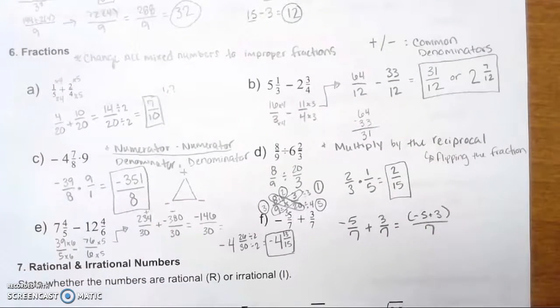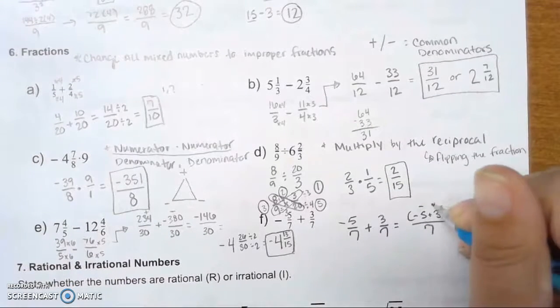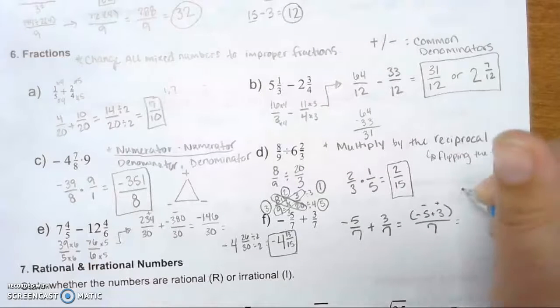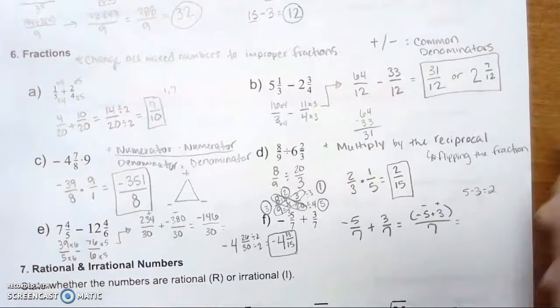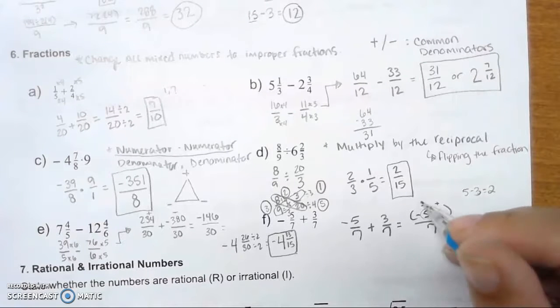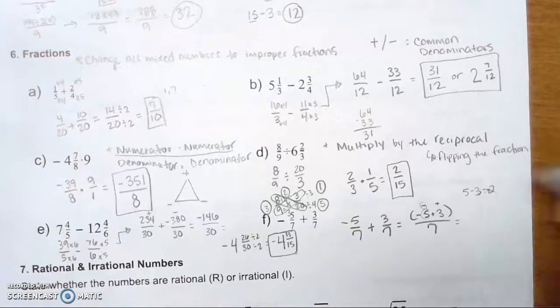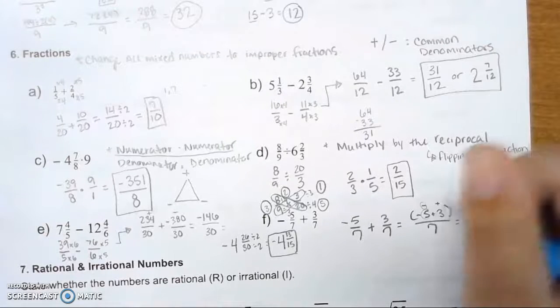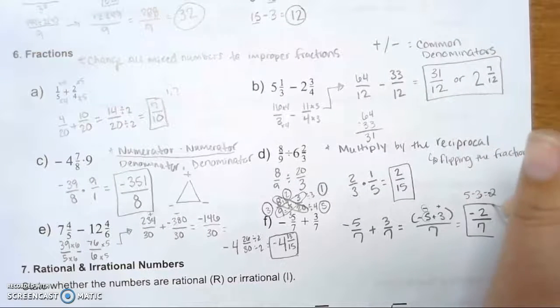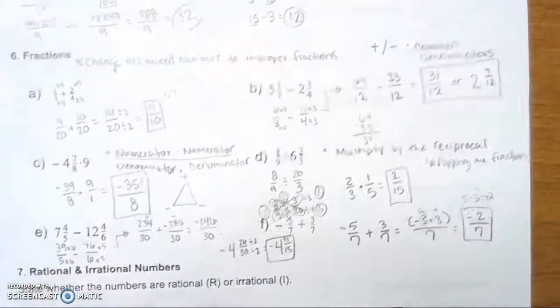We have a negative, we have a positive. So we need to subtract. 5 minus 3 is 2. 5 is a larger number, and it's a negative. Therefore, my answer is -2. So it's -2 over 7, and that is simplified.